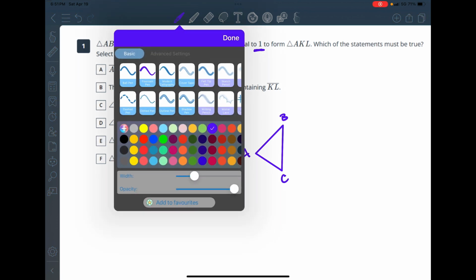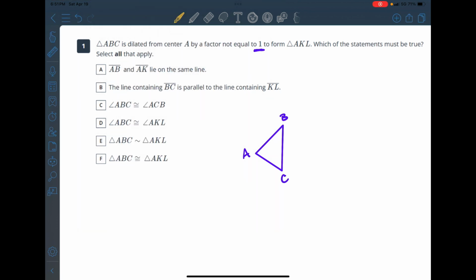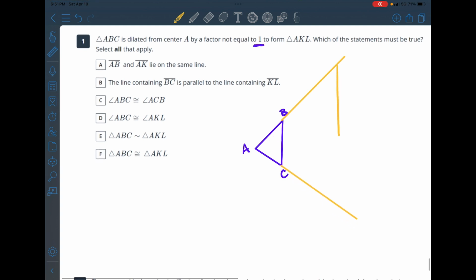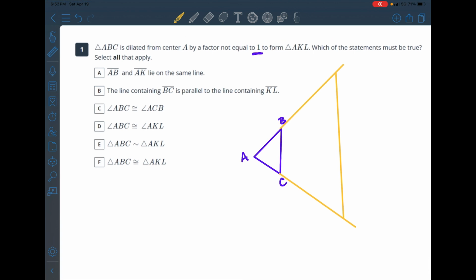I'm going to grab a different color, and we'll say the larger one goes here, because remember we have to use these lines like that. And so let's say this larger one is here, and A is still there, B and K go together, so K will be here, and then C and L go together, so here.